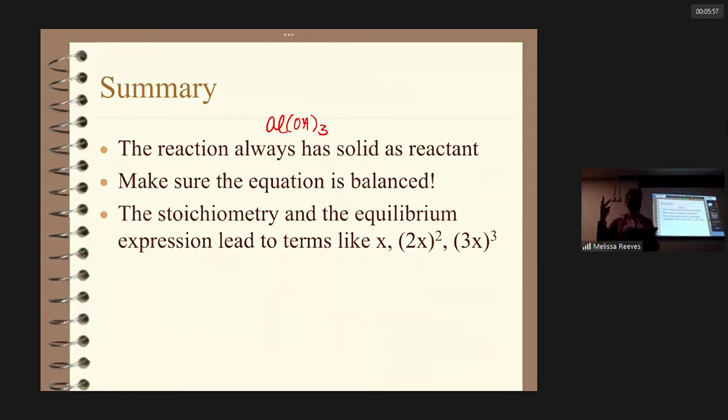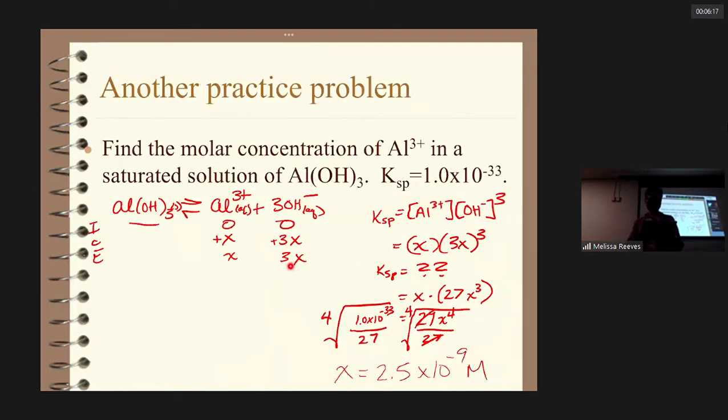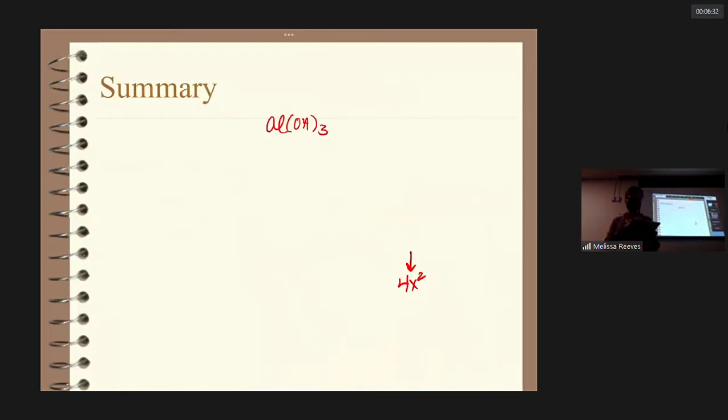But if there's a 2 for a stoichiometric coefficient, you're going to get a 2x. But because you then put it into the equilibrium expression, the 2x gets squared, and that becomes 4x squared. Or if there's a 3, like there was in this problem, we got a 3x for the hydroxides, and that turned into a 3x to the 3rd power, because you raise it to the 3rd power in the KSP expression, and that led to 27x cubed.